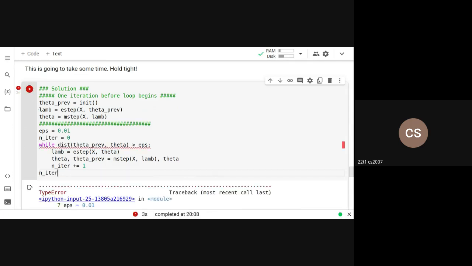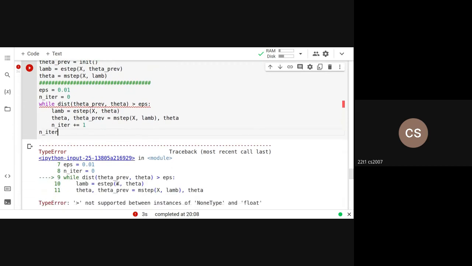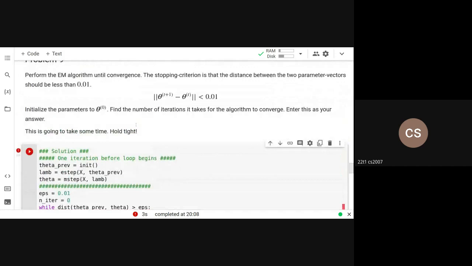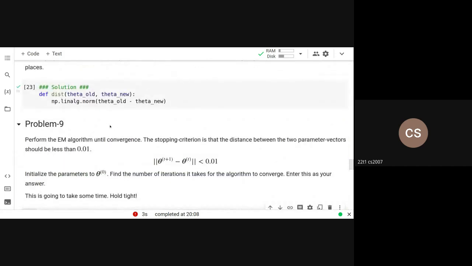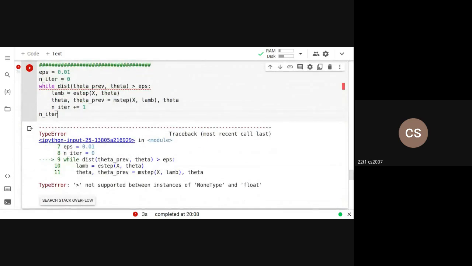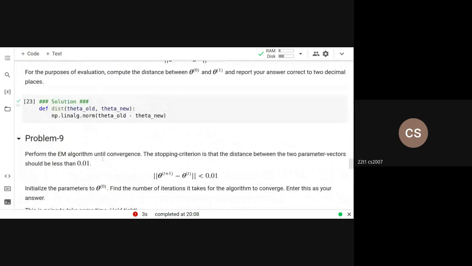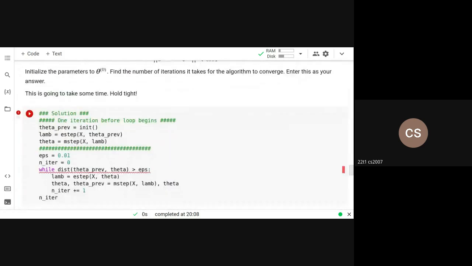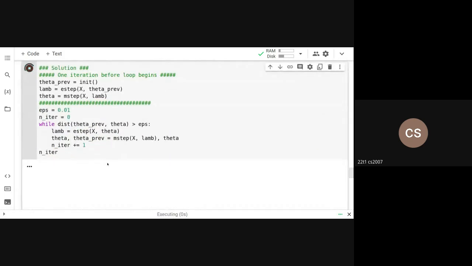It will take some 1 or 2 minutes if there are no errors. It's saying none type. So what is the problem? I didn't return. Okay, so it was returning none, so I have to return something. Okay, I've returned that. Now let's run it again.